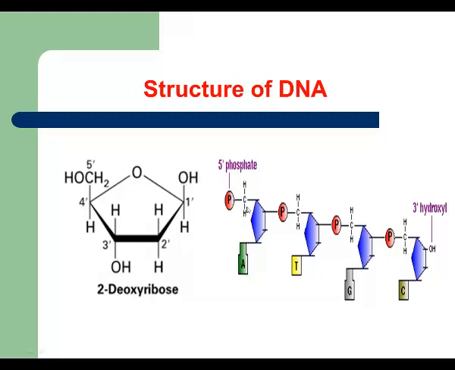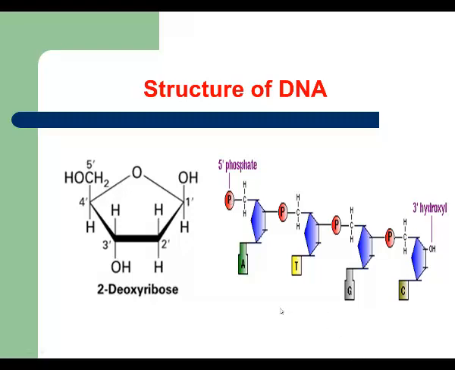And phosphate groups connect deoxyribose or sugar molecules within a strand. But you have to remember, because the deoxyribose molecule is not symmetrical, phosphate groups always connect the 3' carbon of one sugar to the 5' carbon of the next sugar.